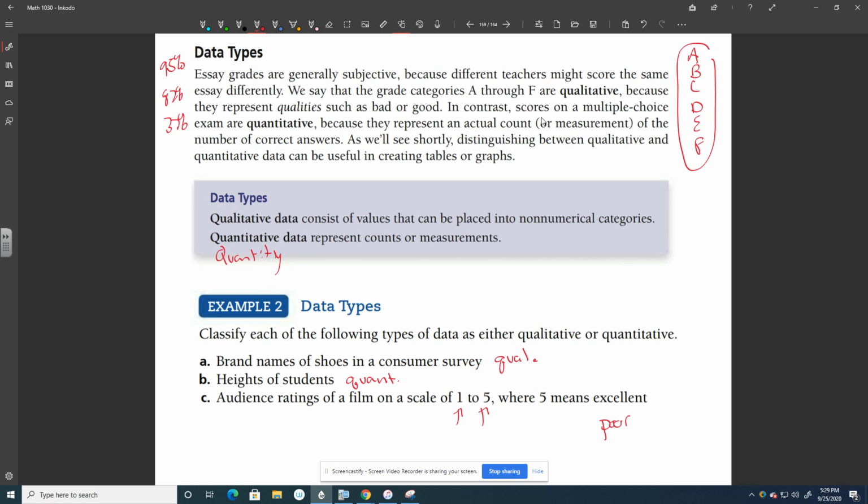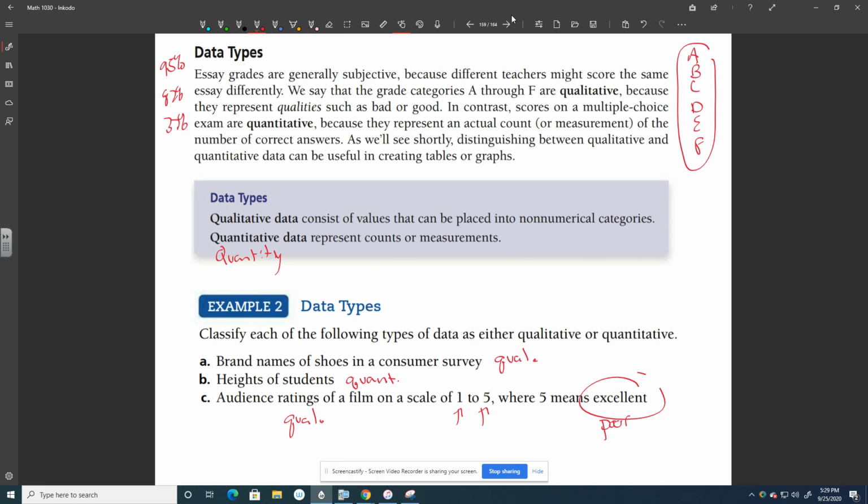Even though it has a number assigned to it, you can't measure how much a person liked a film based on the word excellent. You can't say, oh, they liked the film 7. That doesn't make sense. It has to have a number that you are counting or measuring to be quantitative. So this one would be qualitative, not quantitative.